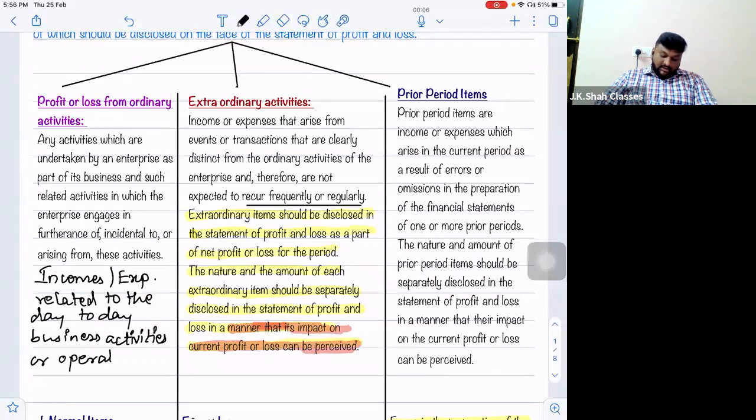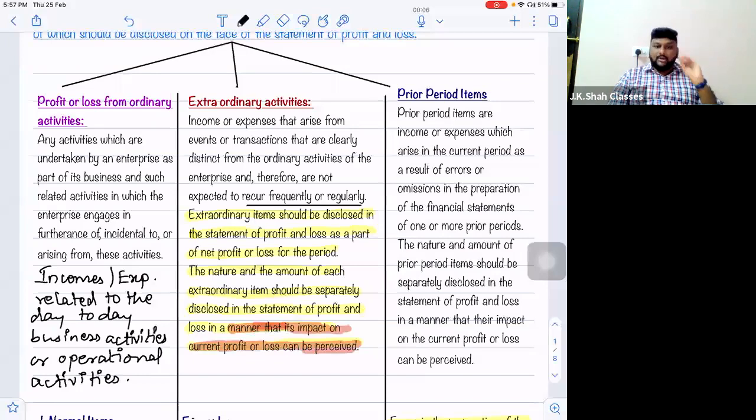Because that is the book definition, and book definitions are always a bit dangerous, we will be talking in very simple terms. In simple terms, ordinary items are nothing but incomes and expenses which are directly related to the operational activities or your day-to-day activities of the business. Now, please understand, as per AS 5, your ordinary activities do not require any separate treatment.